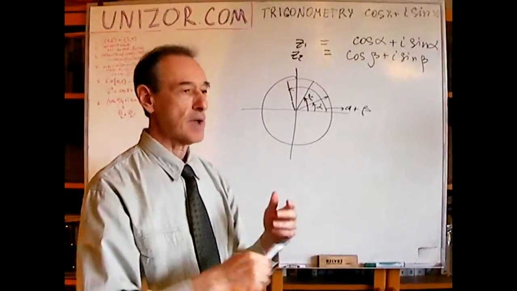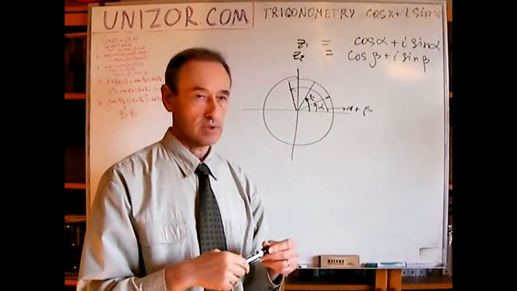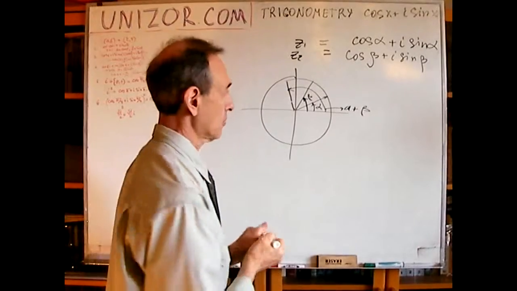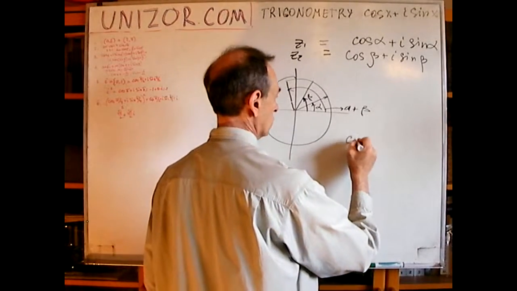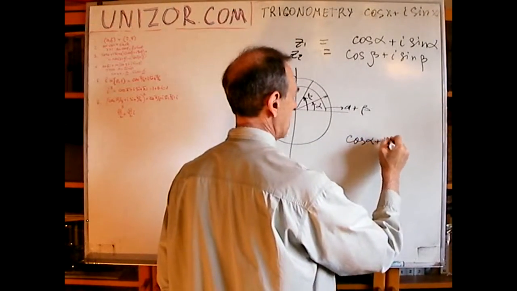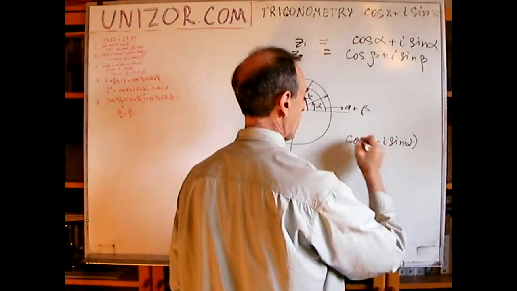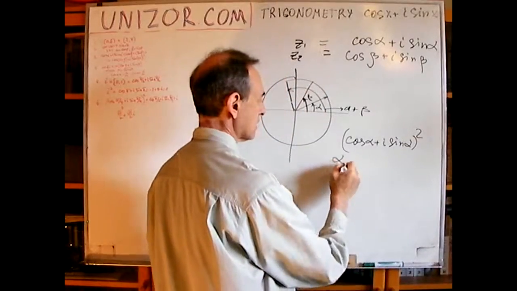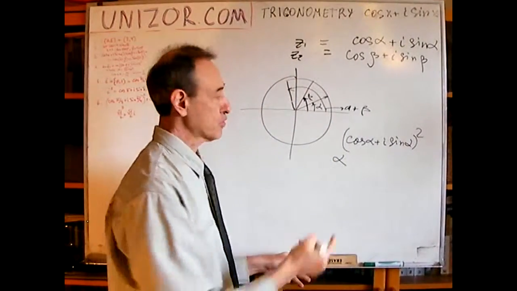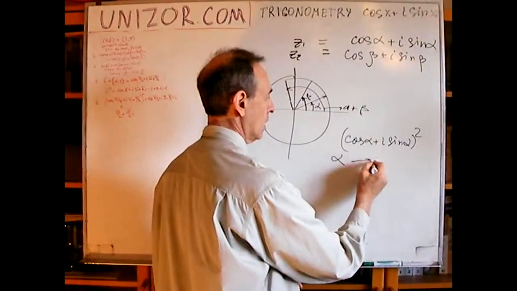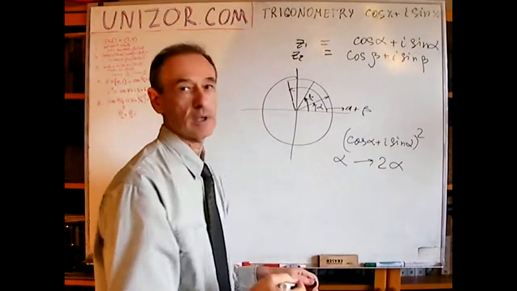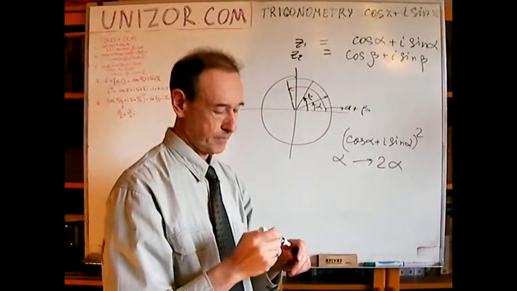Okay, so if I multiply by itself, so if I do a square of a complex number, I will do cosine alpha plus I sine alpha, squared. So what does that mean? Well, it means that the polar angle alpha, which was associated with this complex number, becomes 2 alpha, right? Alpha plus alpha for the square.